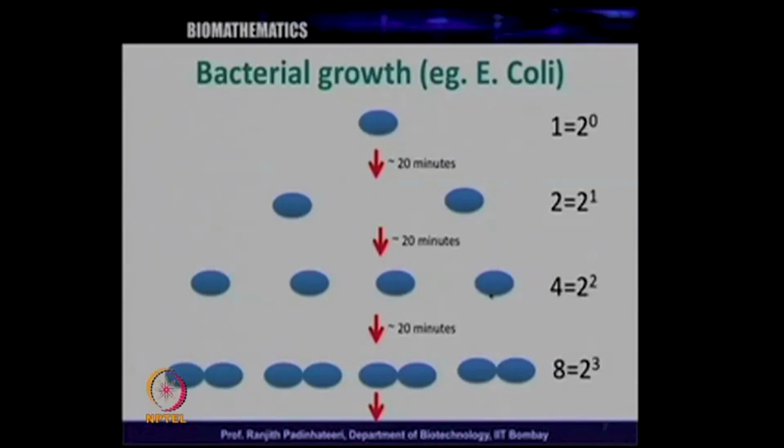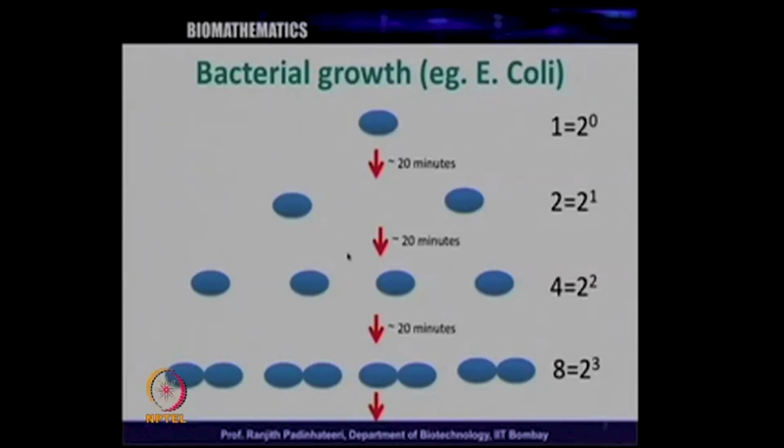In the third generation, you have 2 power 3 number of bacteria: this will divide into 2, this will divide into 2, this will divide into 2, this will divide into 2. So you have a total of 8 bacteria, 8 E. coli, which is 2 power 3, equal to 8.